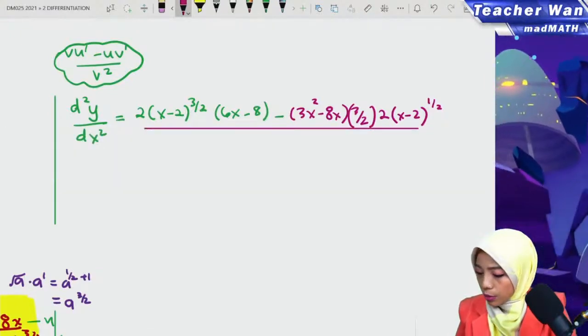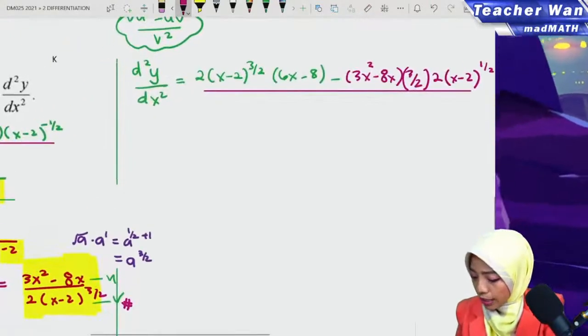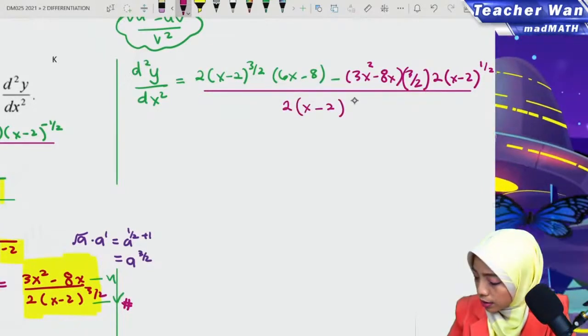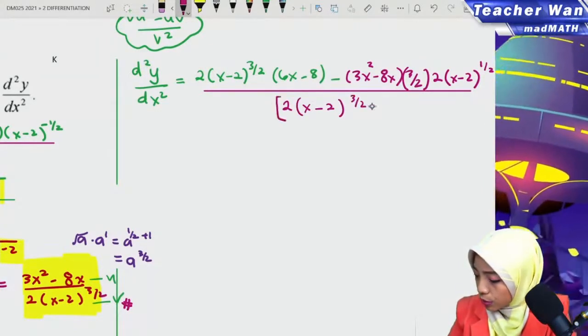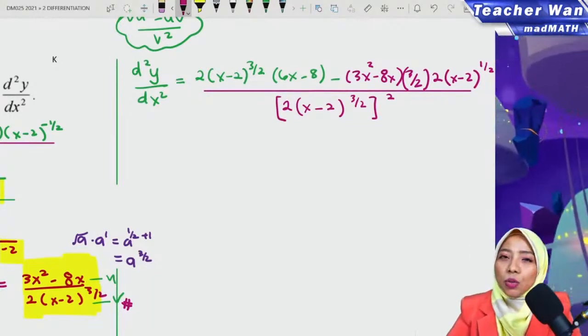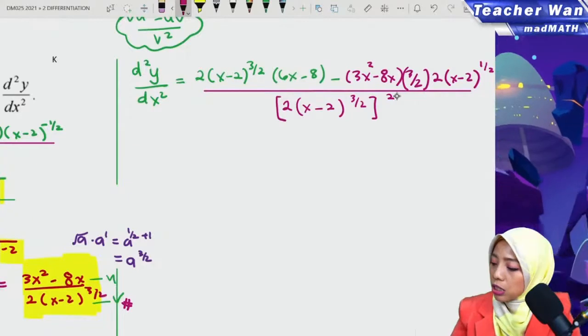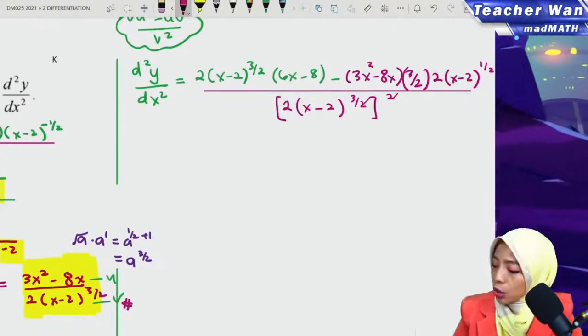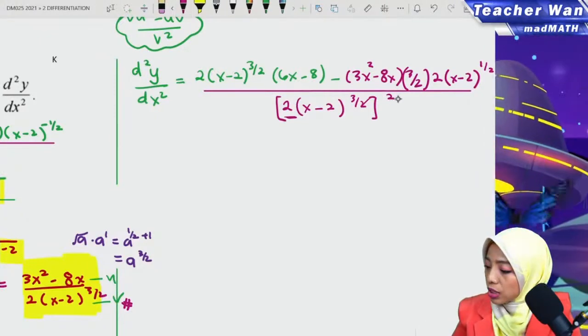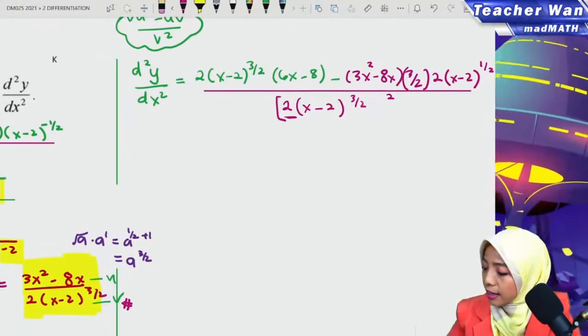What is our v squared? Our v squared is (2x minus 2 to the power of 3 over 2) squared. Most students cancel straight away. You can't. Don't forget your 2 is also squared, so you don't cancel like that.